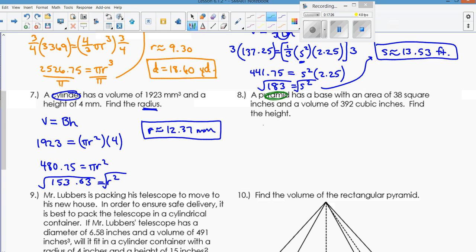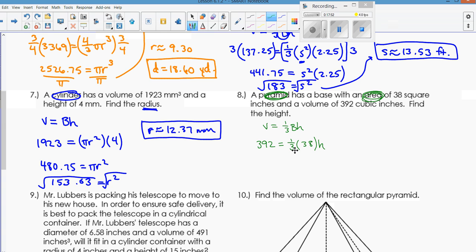If we're thinking about a pyramid, we know volume equals 1/3 area of the base times height for all of them. We know that our volume is 392. This is 1/3. The area of the base is 38 square inches, and we want to know what the height is.